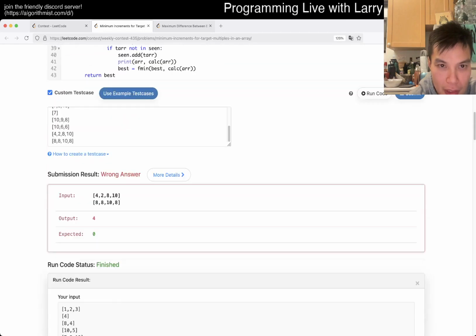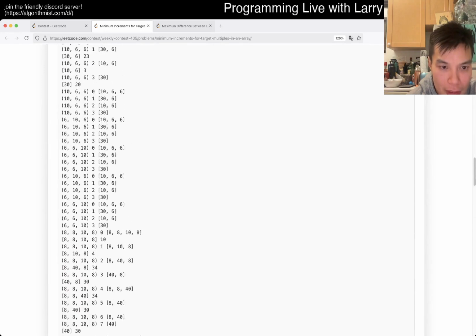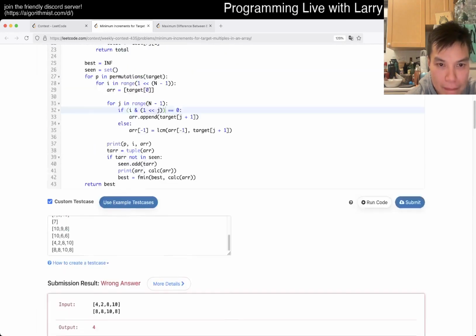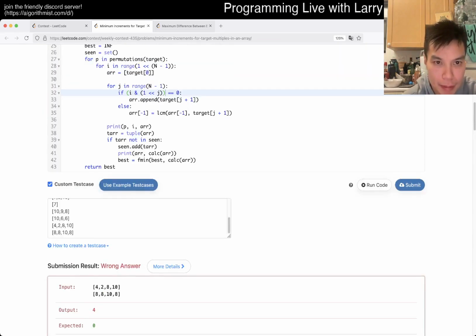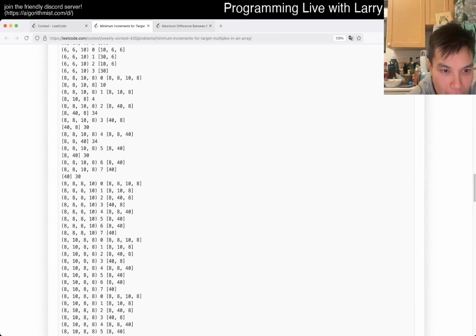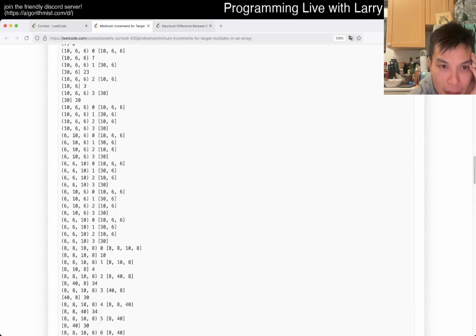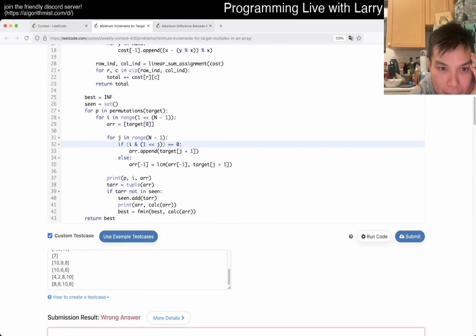If it's equal to 0, then you append a new thing. I don't get it. Why am I so bad at this? What is this? Where is this array getting it from? Am I just bad at bitmask?